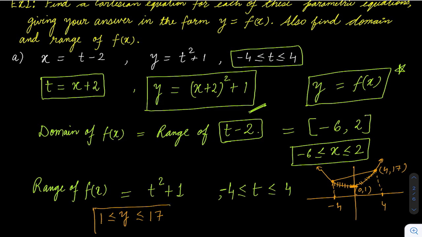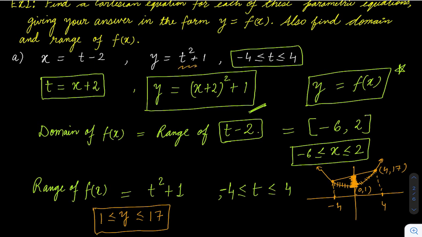Now this we found out using the graph of quadratic. As we can see in graph, these are the y values that are possible for t square plus 1 from -4 to 4. So that's one way. If you're not comfortable in this, you can just think about this. How you can think about it orally is, you can see that this is t square plus 1.